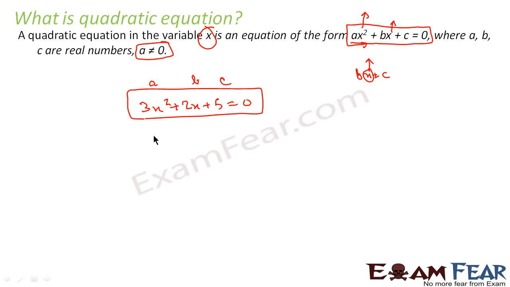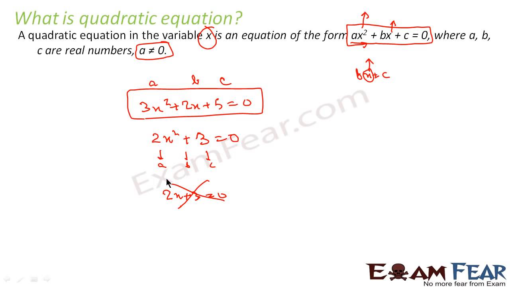If I say 2x square plus 3 is equal to 0, this is also quadratic equation because a is 2, b is 0 and c is 3. But if I make a is equal to 0, for example, if I say 2x plus 3 is equal to 0, because here a is 0, then this is not a quadratic equation because the rule says that a should not be equal to 0.